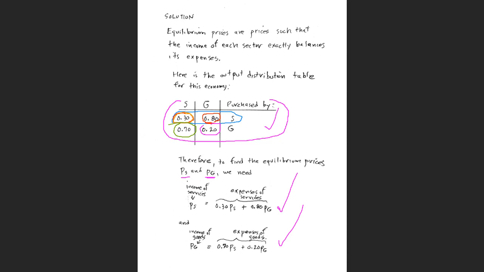Services is purchasing 30% of itself and 80% of goods. So the cost of services is paying 30% of its... I want to say this the right way.